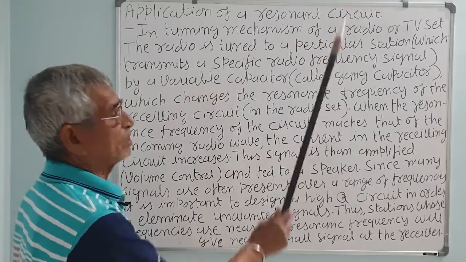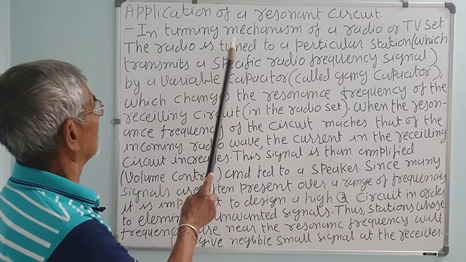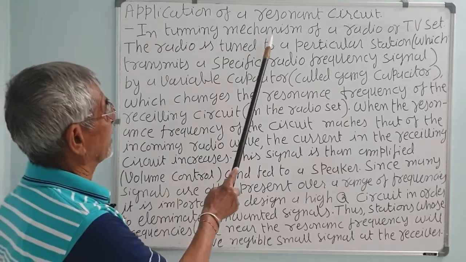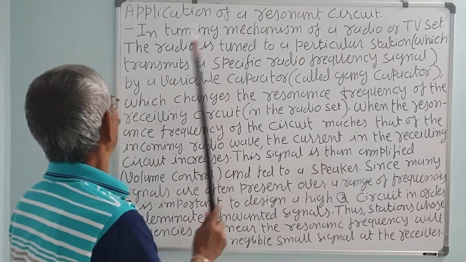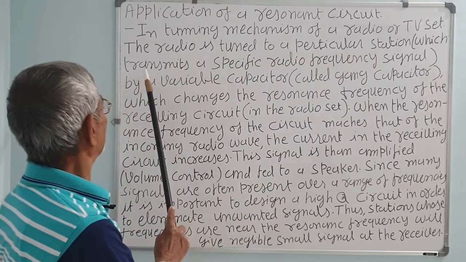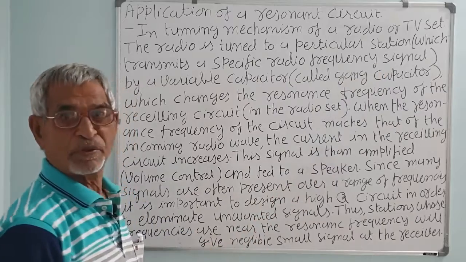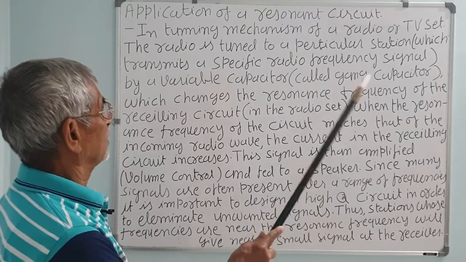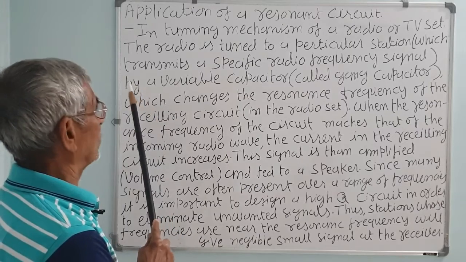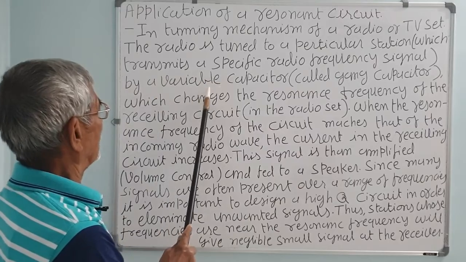Application of resonance circuit. It has a number of applications. I will explain here one of them: the tuning mechanism of a radio or TV set. The radio is tuned to a particular station which transmits a specific radio frequency signal. So from the radio station, a number of frequencies are transmitted, and we have to tune a particular frequency signal by a variable capacitor.